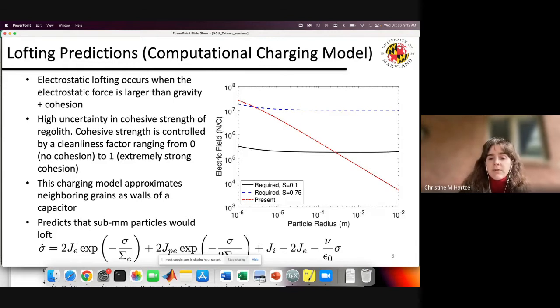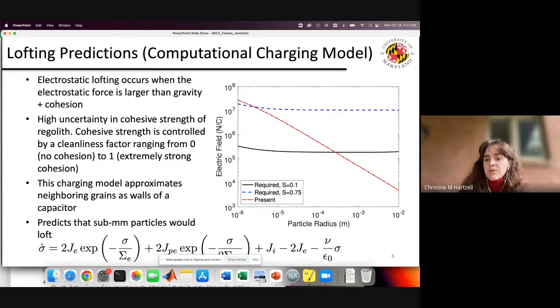All right, so what we want to see here is what size particle could be electrostatically lofted. What particle has a large enough charge that it can overcome the gravity and cohesion holding it onto the surface? Cohesion is really important on these airless bodies, especially asteroids, because gravity is weak and we have no atmosphere.